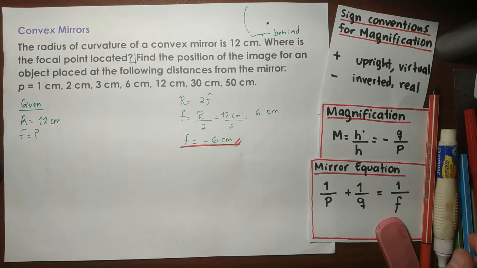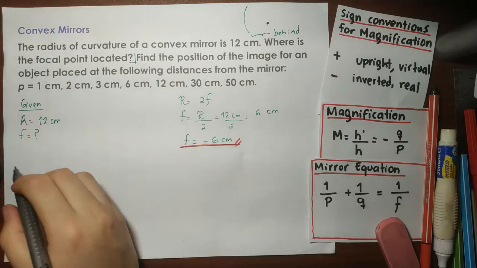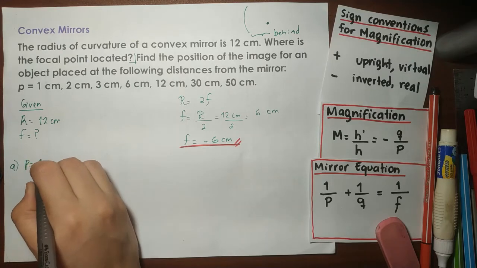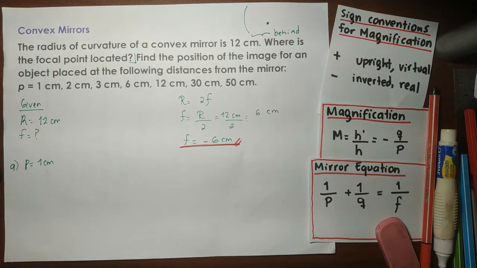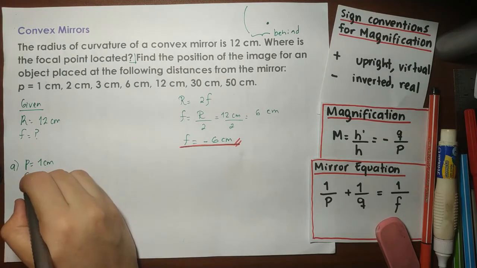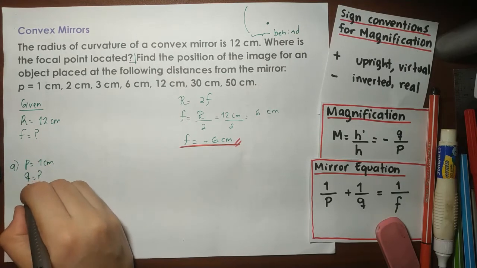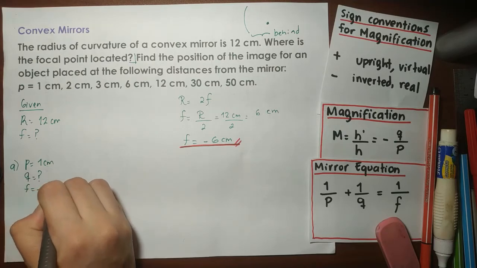Now, what's happening in the other part? It says find the position of the image for an object placed at the following distances from the mirror. So in part A, P equals 1 centimeter, I need to find Q, and I know that I have a focal length of negative 6 centimeters.